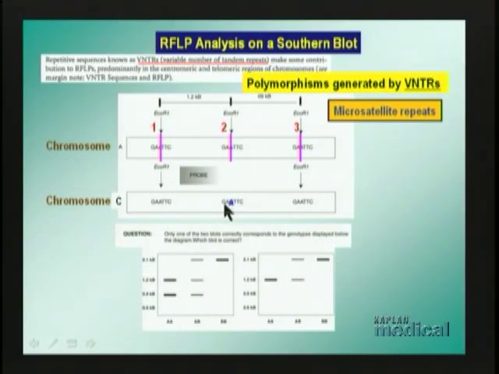So it is a palindrome, GAATTC. Now what would happen to chromosome C when it was exposed to EcoR1? Well, EcoR1 would cleave here, here, and here because the palindromes are there, generating two fragments in chromosome C, in this vicinity of the chromosome.